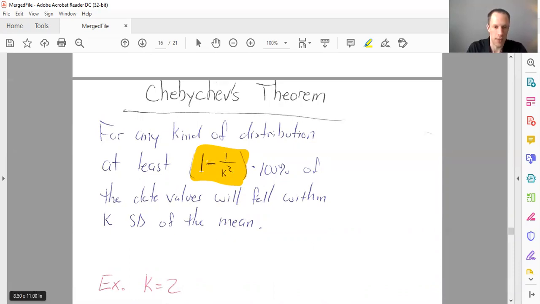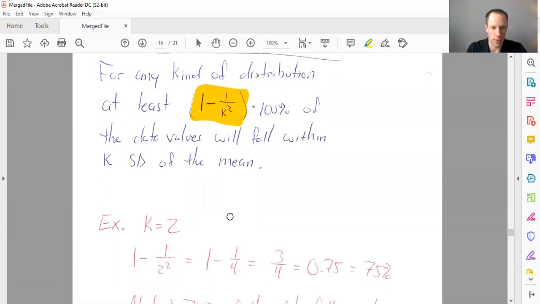For example, if I say k is 2, this formula will tell me what percentage of the data is within 2 standard deviations of the mean. So if I put 2 in for k, 1 minus 1 over 2 squared is 1 minus 1/4, which is 3/4, and that's 0.75 or 75%. We could say 75% of the data is within 2 standard deviations of the mean. That's true for any distribution.